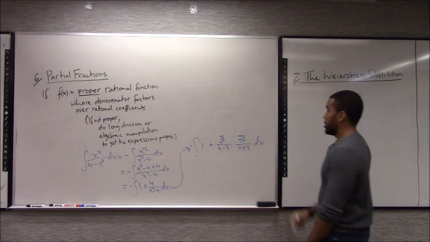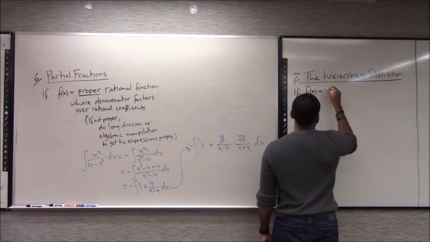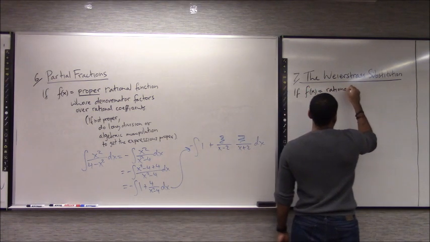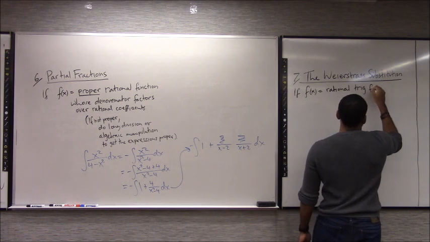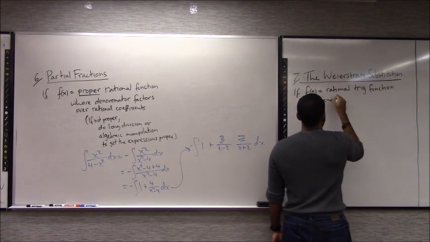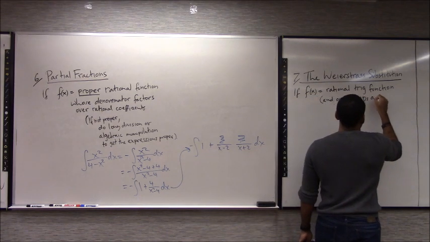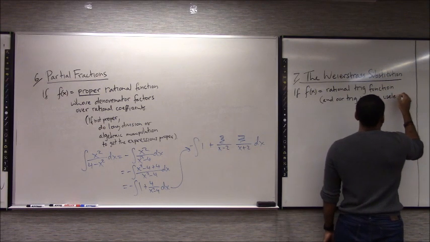Right? So when is this useful? If f of x is a rational trig function and our trig identities are useless.